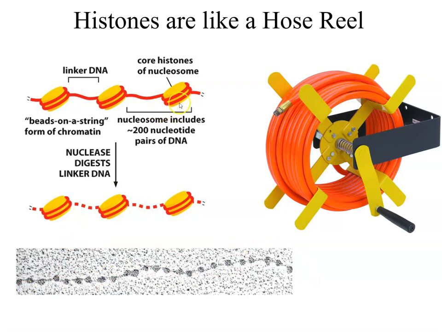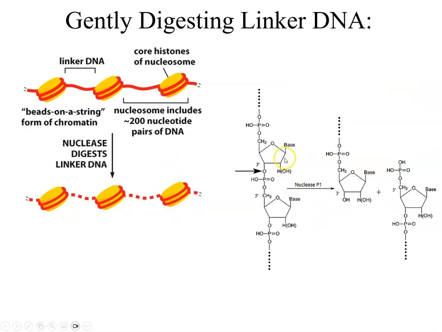You can figure out about how many nucleotide pairs of DNA are included in spinning around by digesting the linker DNA and then looking at how much is left. So it's typically about 200 nucleotide pairs. You can see here, with gentle digestion, we can use that to figure this out.